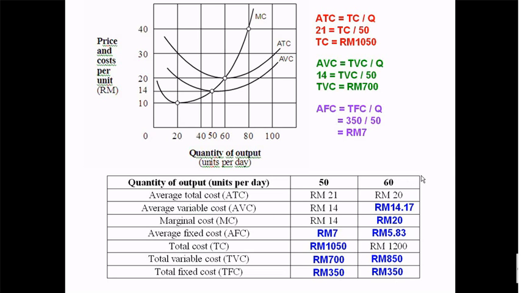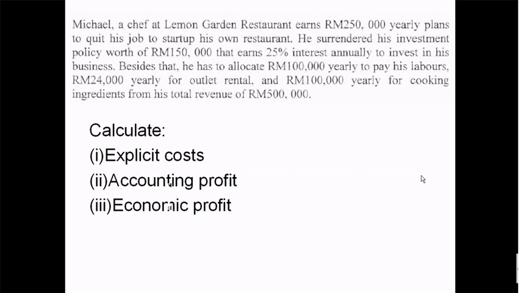Alright, next we will look at another part in chapter 3, which is on explicit and implicit cost and accounting profit and economic profit. In this question they say that Michael earns 250,000 yearly, and Michael plans to quit his job to start up his own restaurant.